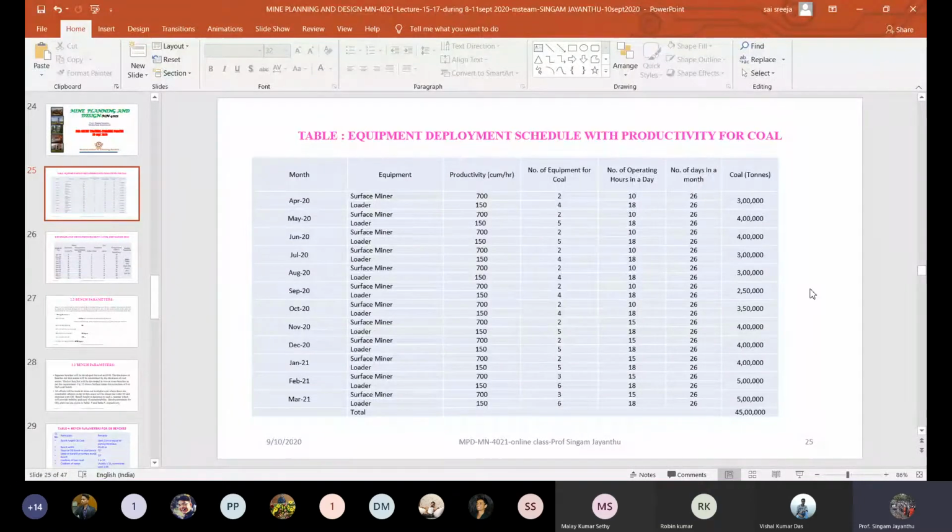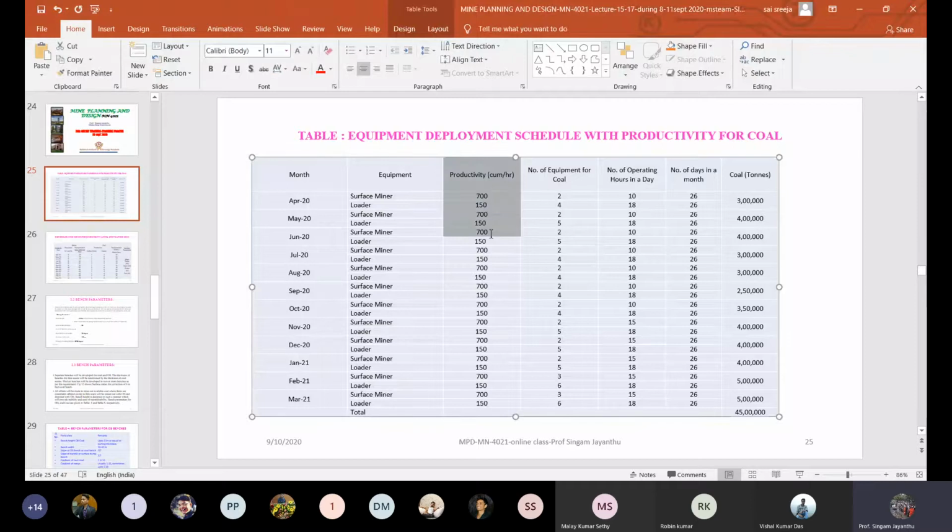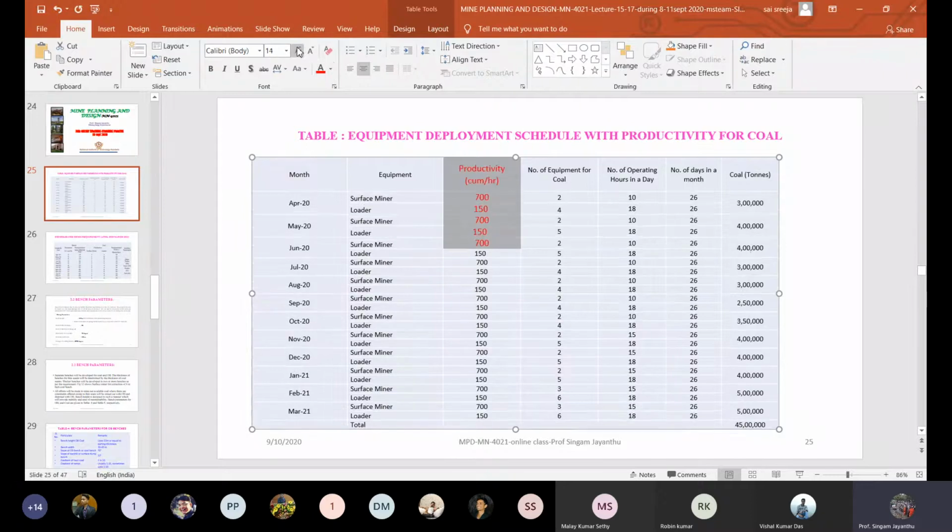Some of these details you can note down. It is not for improving your memory power, but for understanding better. Whatever you are seeing here in this table, the productivity, equipment numbers and all, has not come just like that; they made a lot of calculations. I am highlighting the numbers here, making them a little bigger for your benefit.